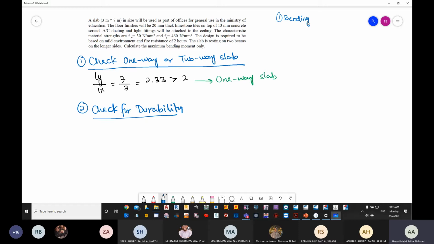One failure in a slab is bending, where we need to cross-check whether it's going to be singly reinforced or doubly reinforced. So one check that you need to do is bending. Another check that you need to do is shear, whether we are going to have shear reinforcement or no shear reinforcement.